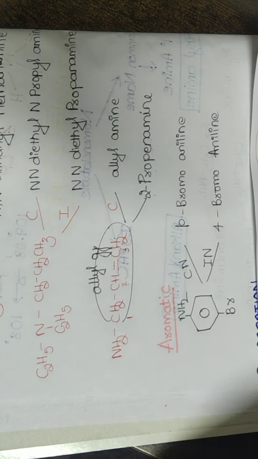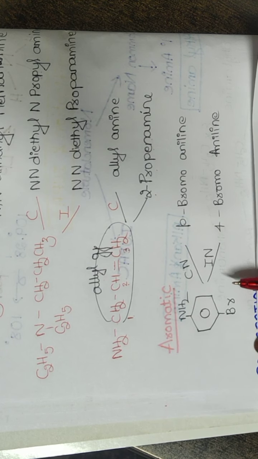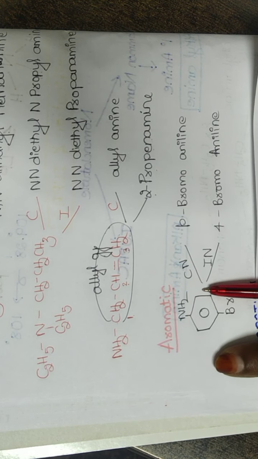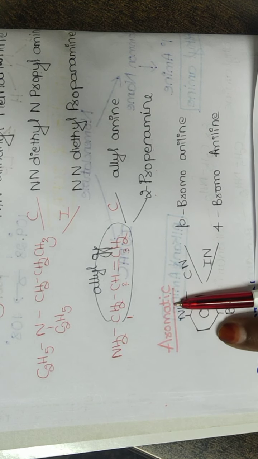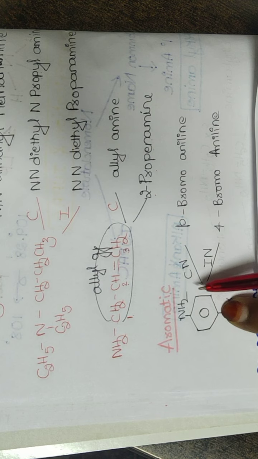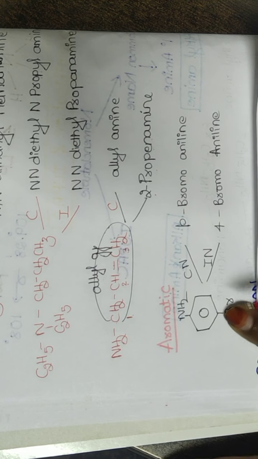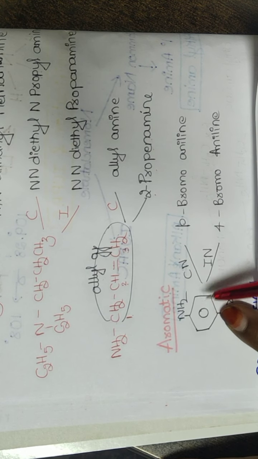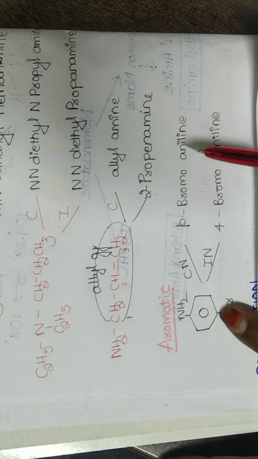Then followed by that, let us move on to the last nomenclature, that is aromatic compounds. In the case of aromatic compounds, if an NH2 group is bonded to a benzene, then it is called arylamine. To be more specific, it is also an example of a primary aromatic amine.